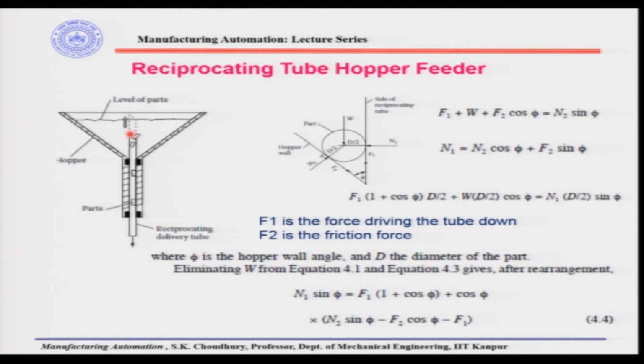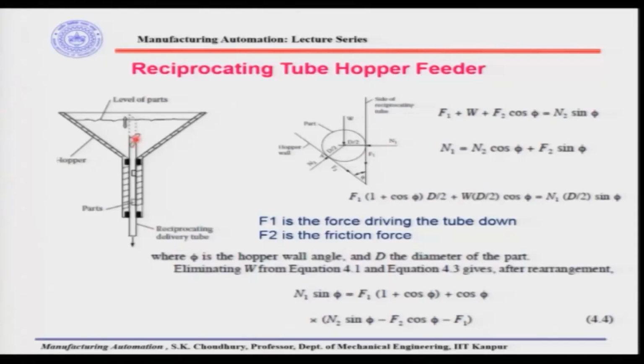The reciprocation can be made by a cam device, or by any mechanism which can reciprocate the tube. While it is going through the mass of the parts and going above the mass of the parts, since this tube is hollow, the parts from the mass in the bowl will come one by one and go inside the tube, and they will come out from the bowl feeder at the exit.